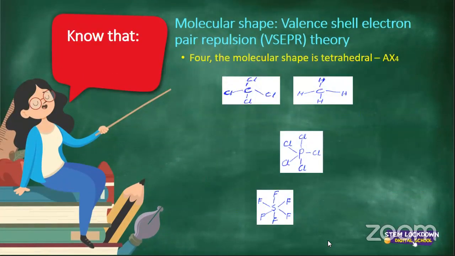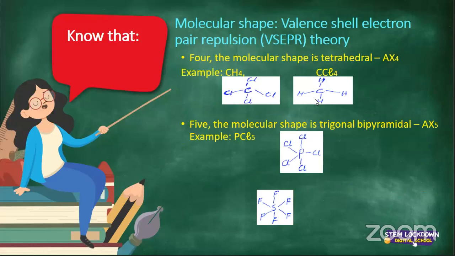So let's look at when there are 4 atoms: you'll have a tetrahedral molecule. Examples are carbon tetrachloride and methane. And then you can also have what we call trigonal bipyramidal.